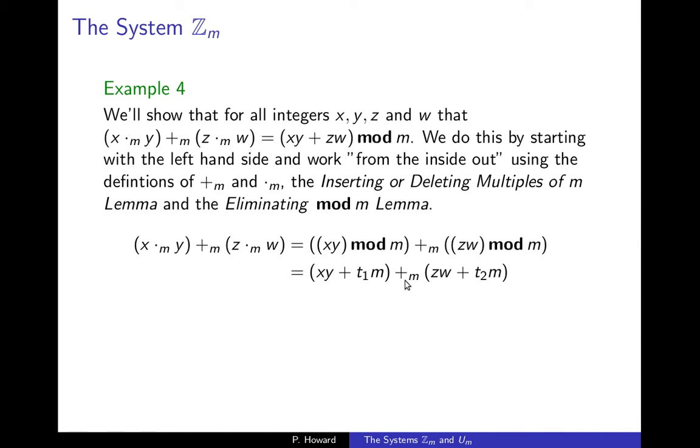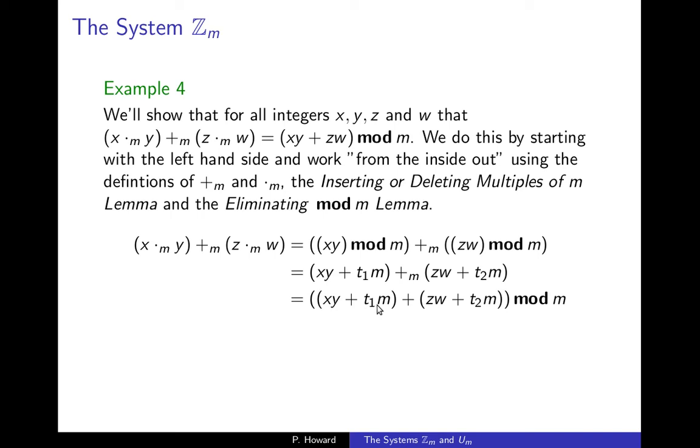And now we are about to use the definition of plus sub m. How do you apply plus sub m to two integers? You add the two integers, according to the definition, and take the result mod m. So this simply uses the definition of plus sub m. Now we'll do a little bit of algebra inside the mod m.